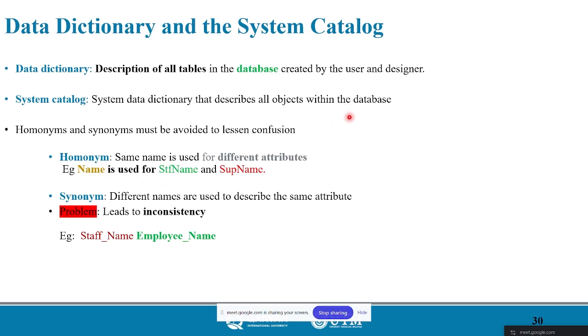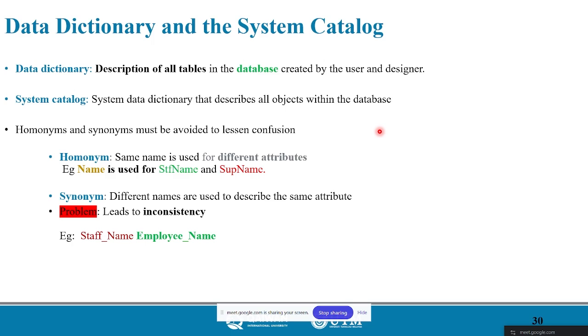For example, you have table staff, and if you wanted to use name, don't use name directly. Say staff name. For example, ID, staff name, age, and city. Now for the supervisor name, don't say name directly. If you have a table named supervisor, don't write it name. Say supervisor name.